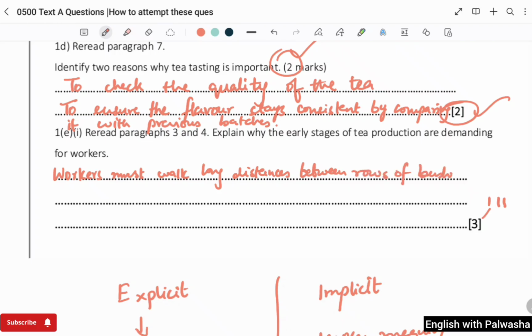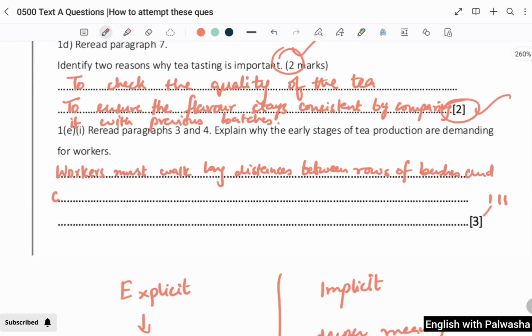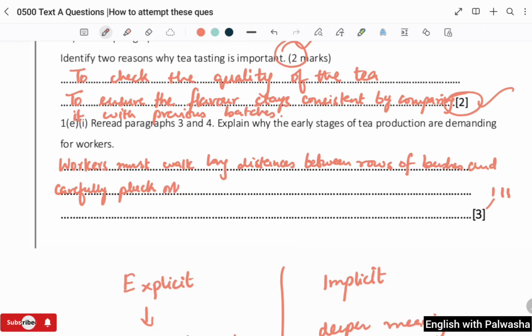If your answer matches my words, it means your first point is absolutely correct. And carefully pluck only specific leaves. So avoid cutting and try to think before you're writing.